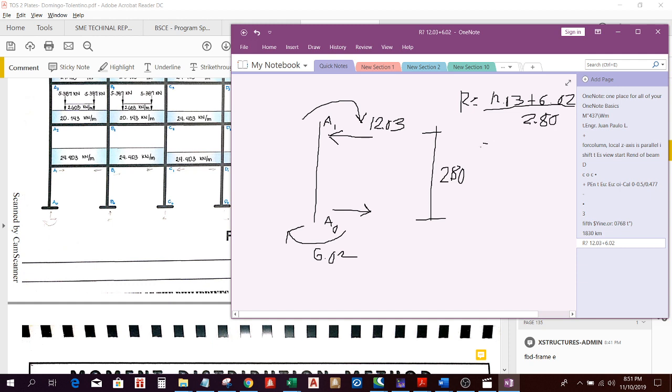What do we get? 12.03 plus 6.02 divided by 2.8 is 6.45. Therefore, our reaction there is 6.45 kilonewton.